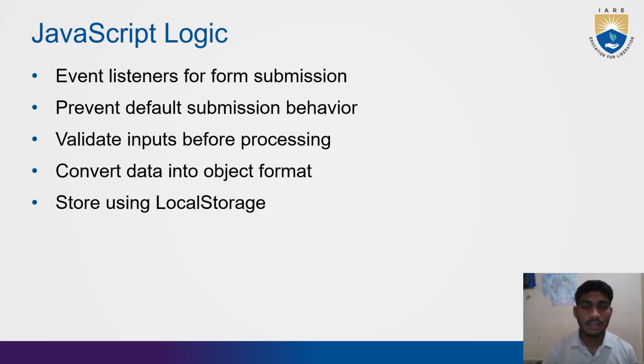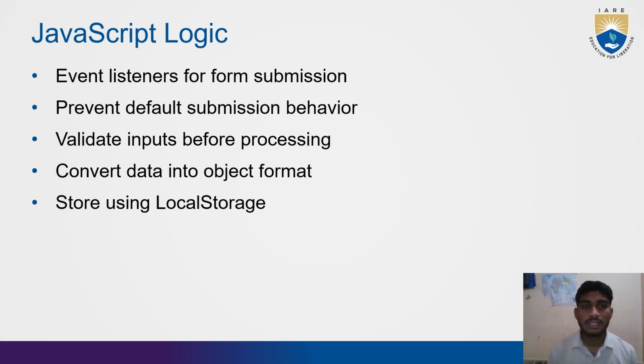Our next slide is how the JavaScript logic will work. Event listeners for form submission, which prevent the default submission behavior, validate inputs before processing, convert data into object format, and store it in the local storage.